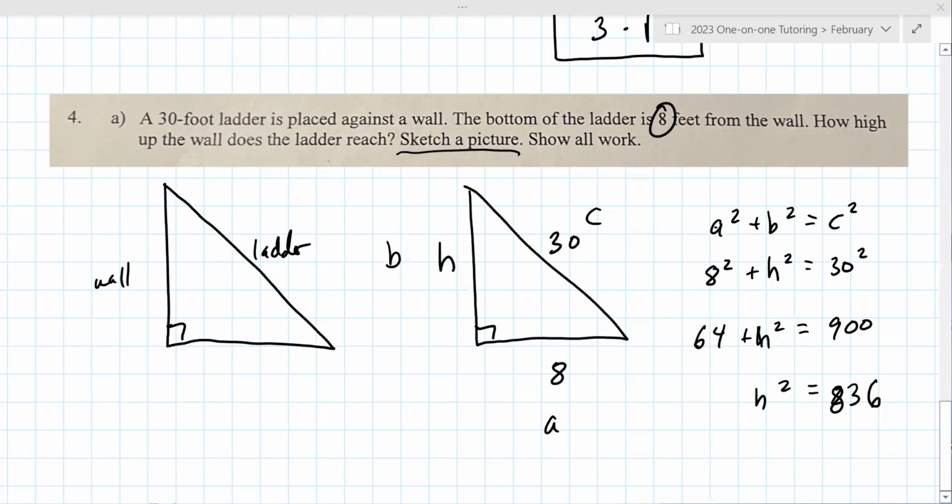You're taking a square root, sir. Square root of both sides. The wall can't be taller than the ladder. So take the square root of that number, please.